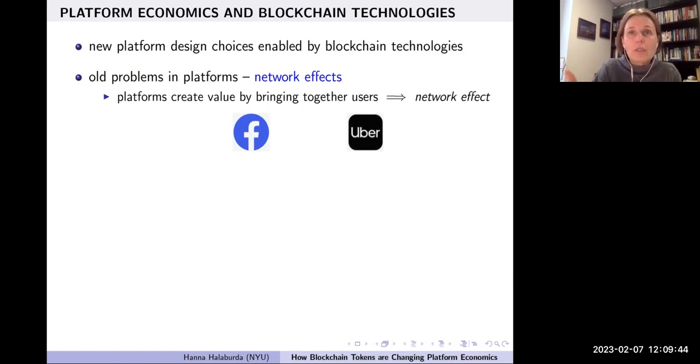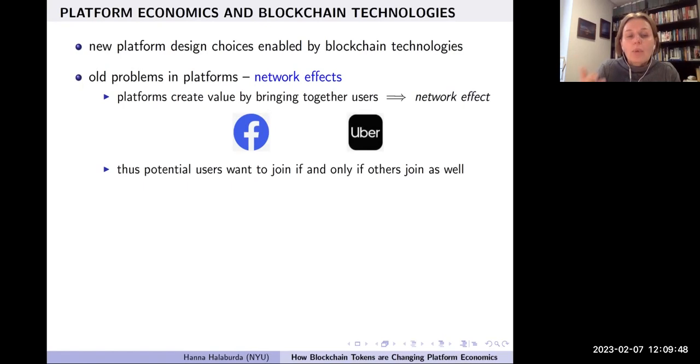Nobody wants to be driver if there are no passengers, and so on. So potential users want to join a platform if and only if others join as well, whether they have already joined or we expect them to join. And again, this is why it's different. Goods with network effects, where platforms are predominant, are different than typical goods that have their intrinsic value just from being there.